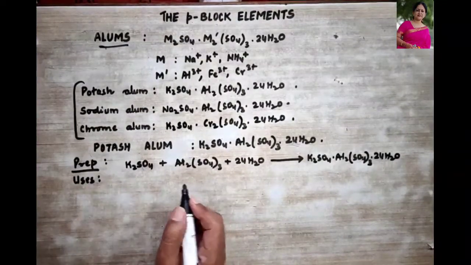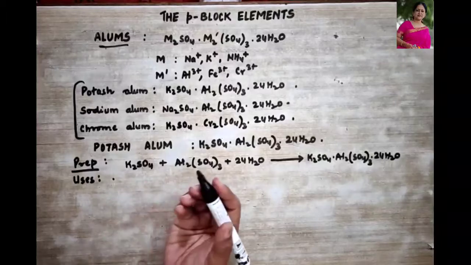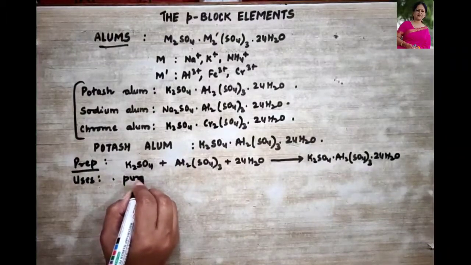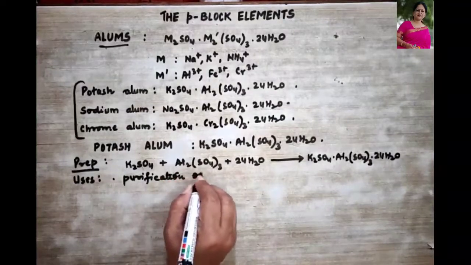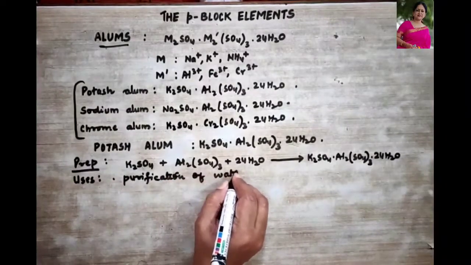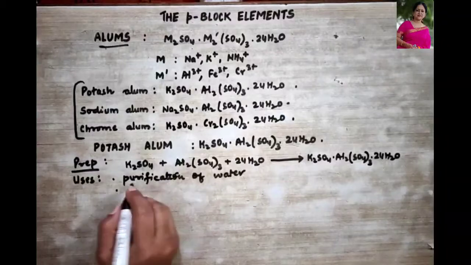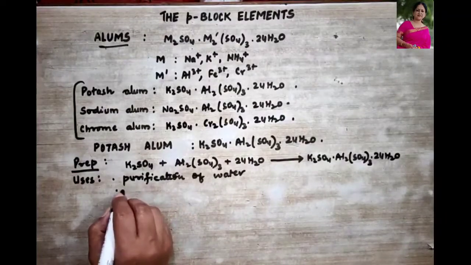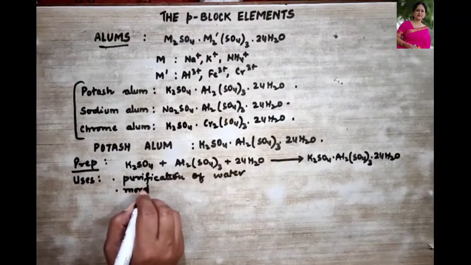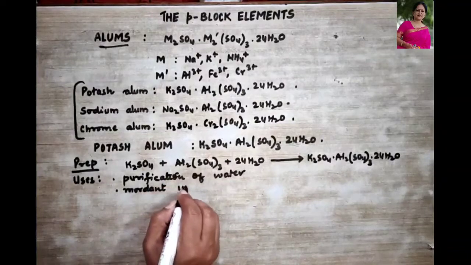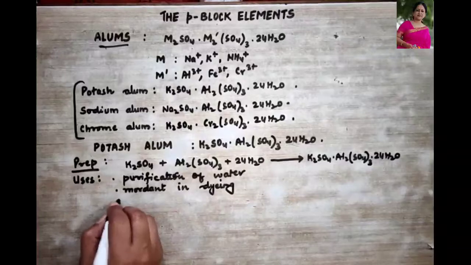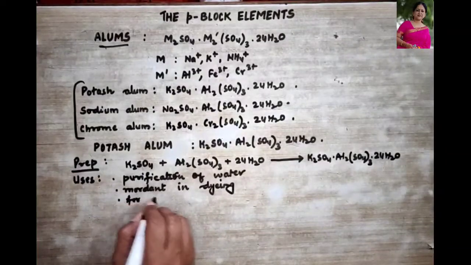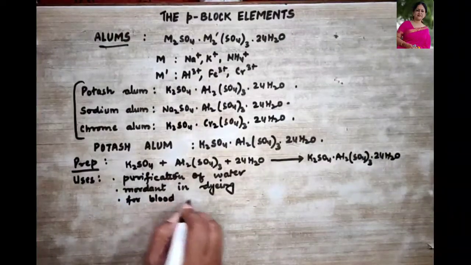Now we just have to know some uses of this potash alum. Firstly, it is used for the purification of water. Then it is also used as a mordant in dyeing purpose. Then it is also used for blood clotting, right?